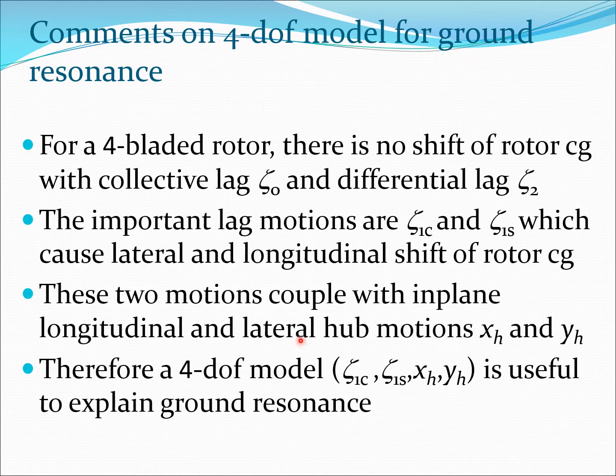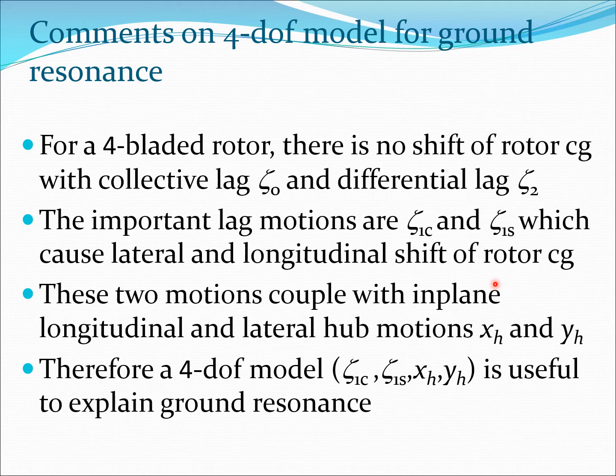Now the question is, which of the blade modes should we include? The blade modes are now in the fixed frame. We saw in our previous lecture that for a 4-bladed rotor there was no shift of rotor CG when collective lag zeta 0 or differential lag zeta 2 was used. The important lag motions are zeta 1c and zeta 1s, which cause lateral and longitudinal shift of the rotor CG.